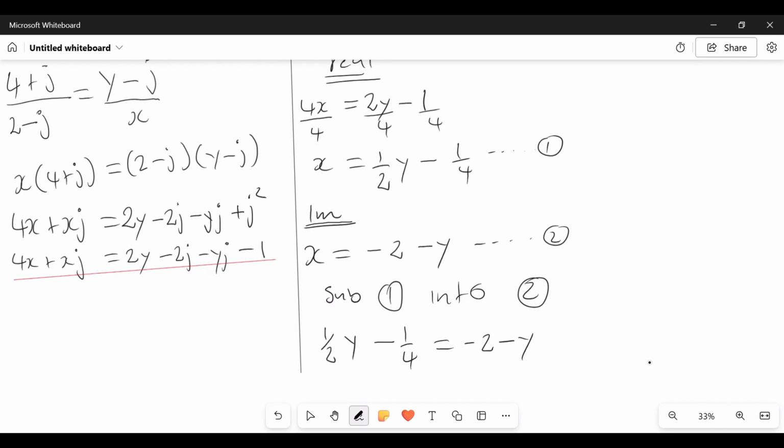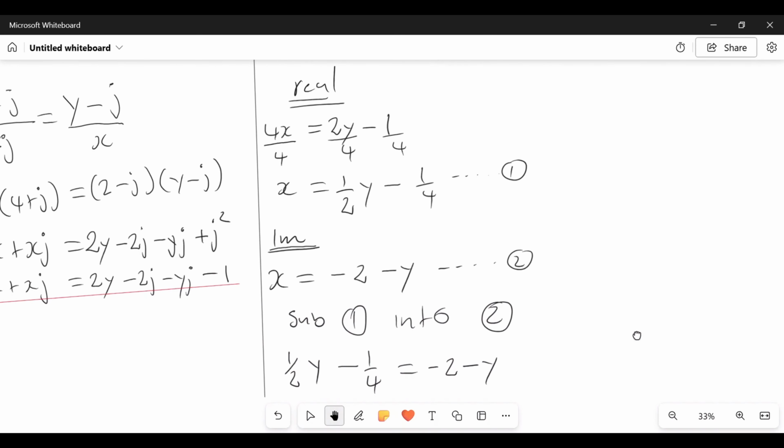So all you have to do here, we play the transpose game, guys. So let me create space here again. This time around, I'm just going to do it on top there. So we can transpose this y to the left hand side, and we transpose this negative 1 over 4 to the right hand side. So let's do that. If we transpose the y, let's start with half y.